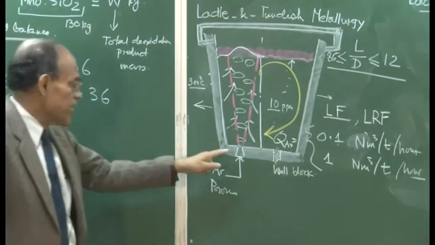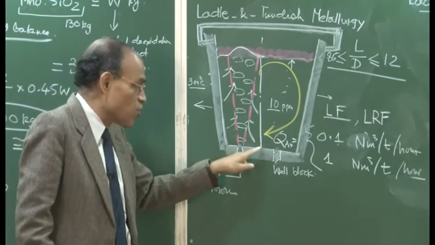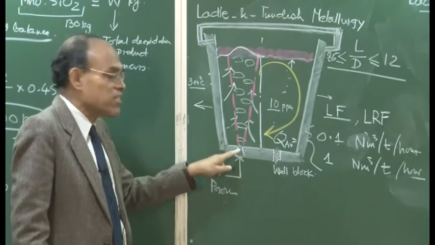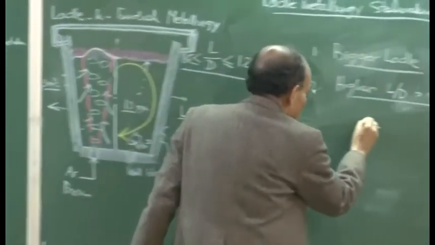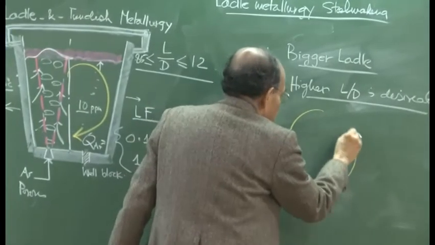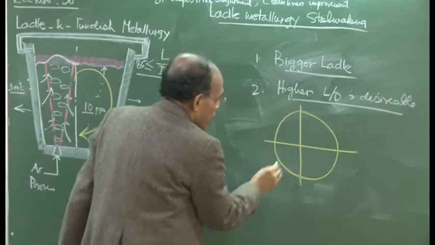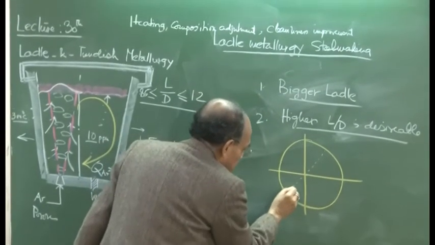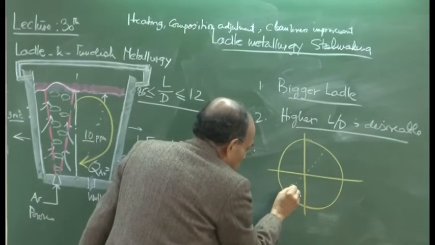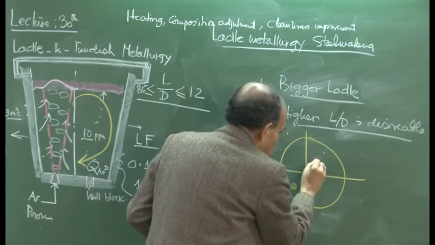And the plug is located off the center, it is not at the central position, and this is, I would say, the mid bath radius position. So, if you look at the base of the ladle, the base of the ladle will look something like this. Here you will have the well block and here you are going to have the porous plug.